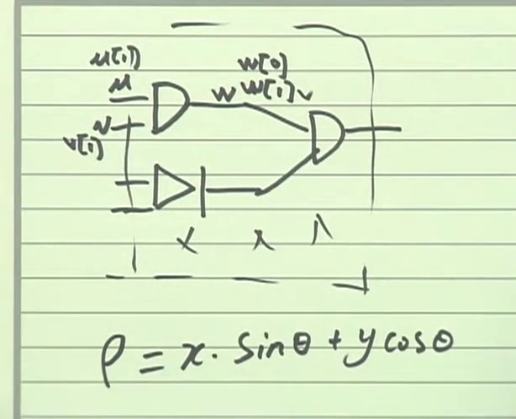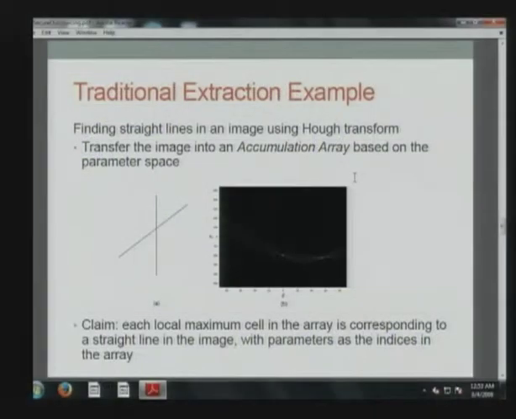In the left part, image B is an accumulation array, and the two indexes of the array, one is for rho and one is for theta. And each rho and theta pair in this space represents a straight line in the image.